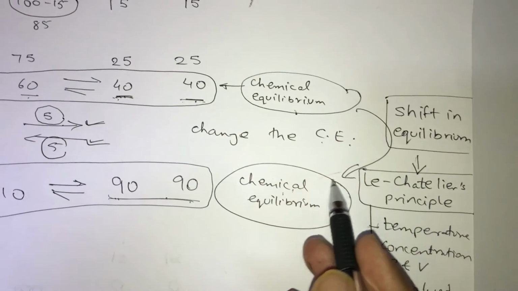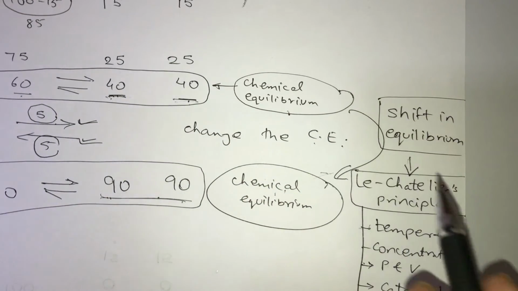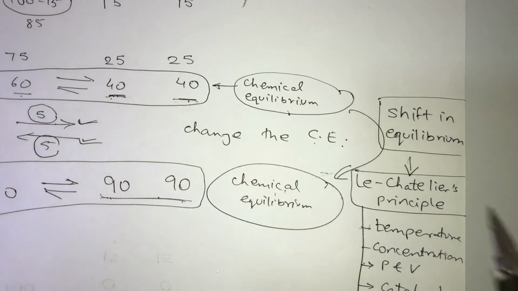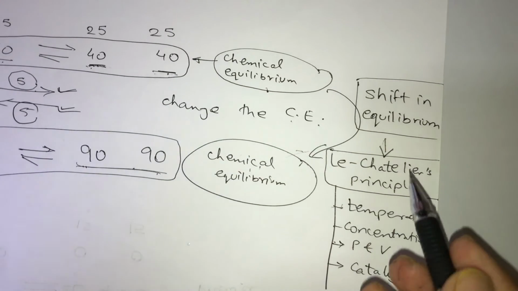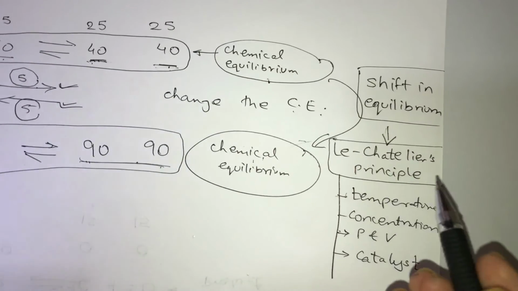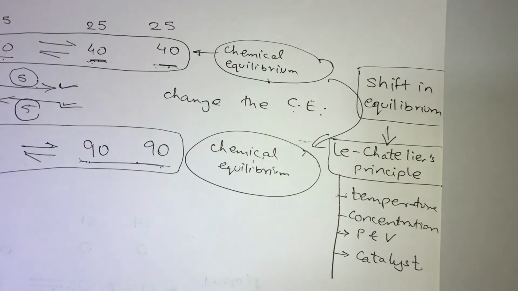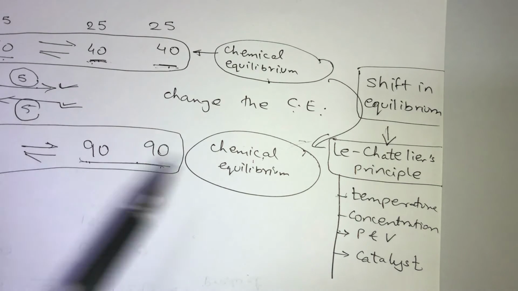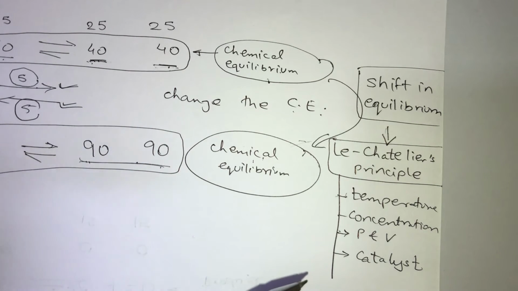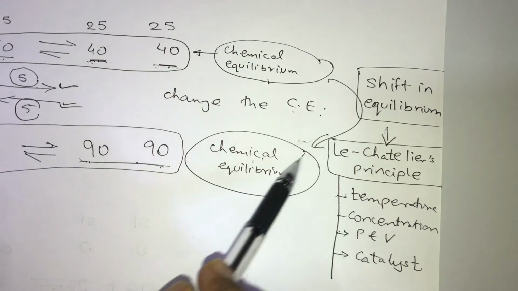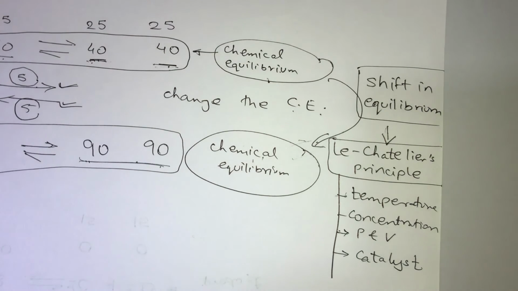You are going to change it with the help of Le Chatelier's principle. And what is Le Chatelier's principle? It helps us to understand how the chemical equilibrium gets affected when you change the temperature, concentration, pressure and volume, and with the help of a catalyst. Okay, and this change in chemical equilibrium is called a shift in equilibrium.